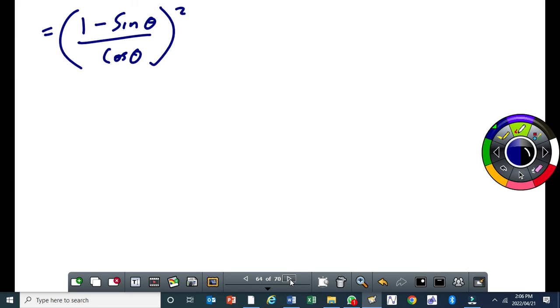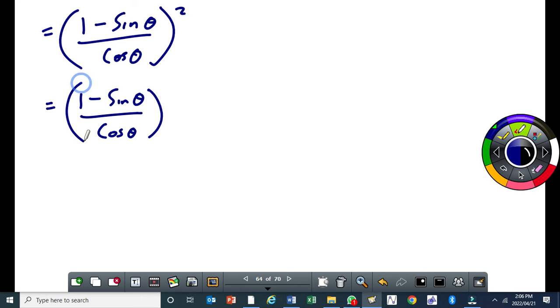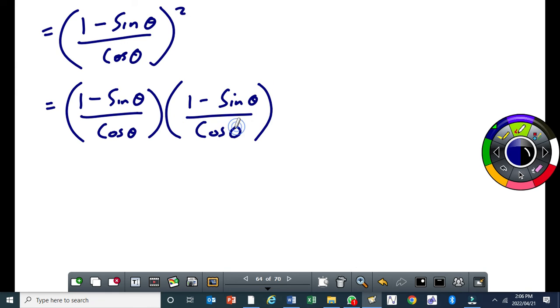Okay. I didn't do anything which is complicated. Then the next thing, this is an indicator that I've got 2 terms. Both of them have the same denominator. So we can just say 1 minus sine theta over cosine of theta times 1 minus sine theta over cosine of theta.